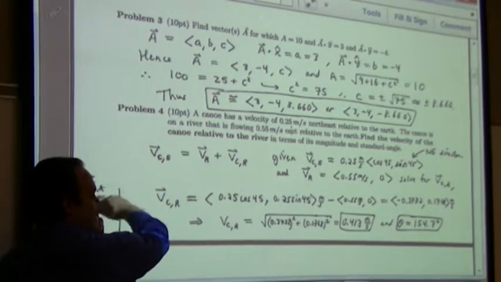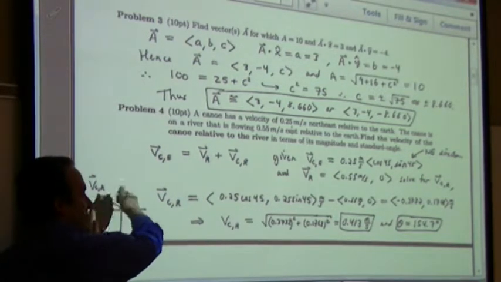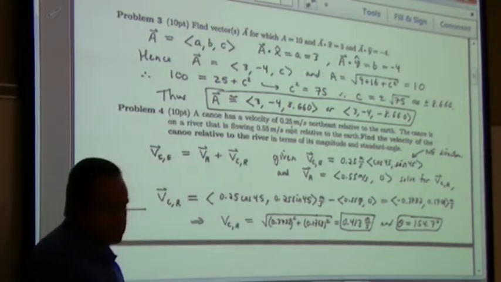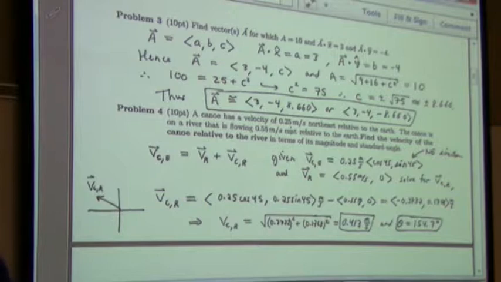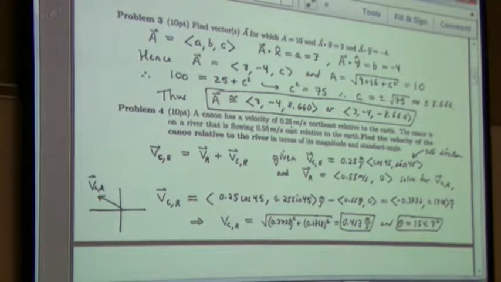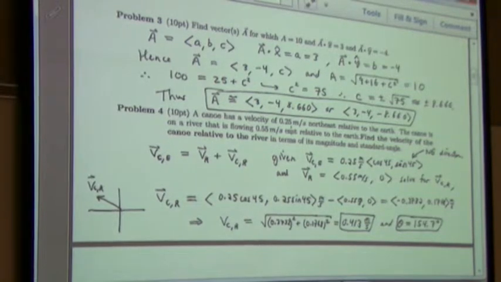So my standard angle ought to be somewhere between 90 and 180. So that's where I got the 154 from. I mean, specifically, you can calculate the inverse tangent of the ratio of the y to the x. If we've got the northeast vector and the east vector.